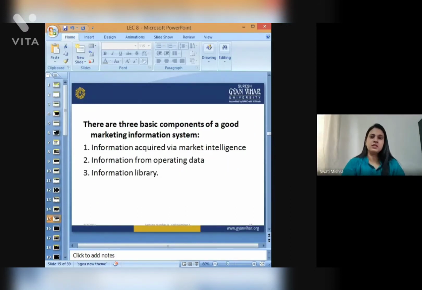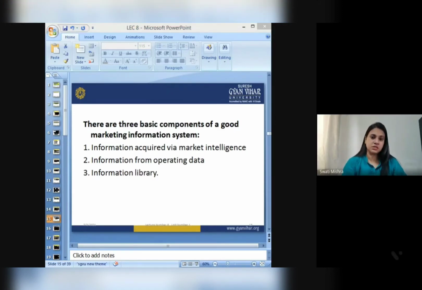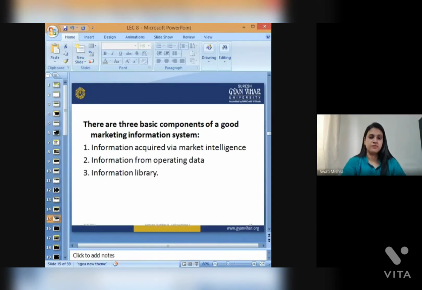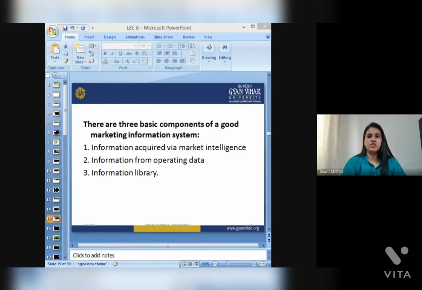As far as a good marketing information system is concerned, what we would call a good marketing information system would be one which carries the following three basic components, which we term as the information acquired via marketing intelligence, information from the operating data, and an information library.